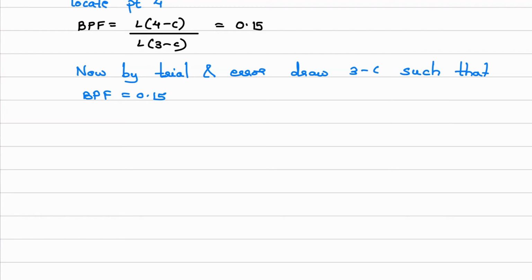You have to draw a line 3C and calculate the bypass factor. If you get 0.15, okay. Else, again you will change the 3C line, change the slope, and then check the bypass factor again. You have to continue this till finally you get a bypass factor approximately equal to 0.15.